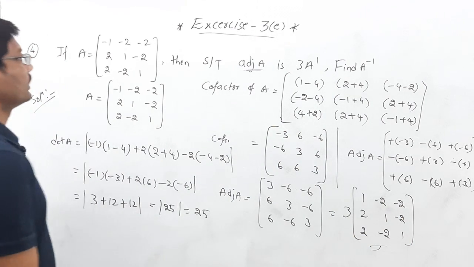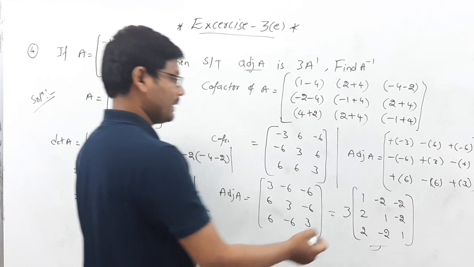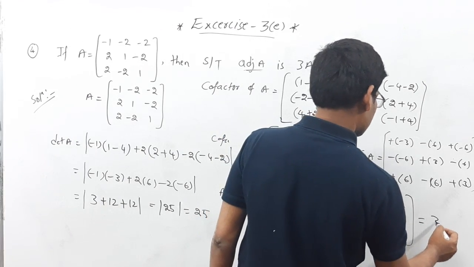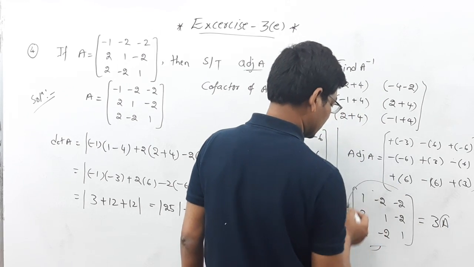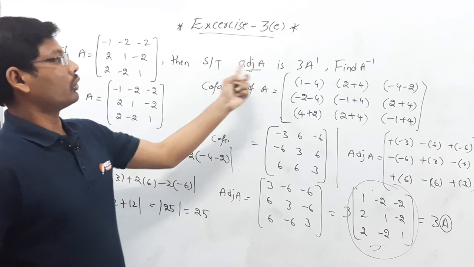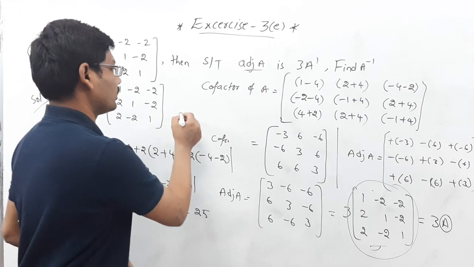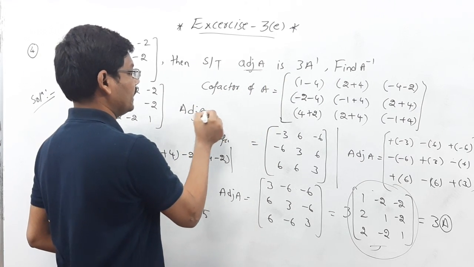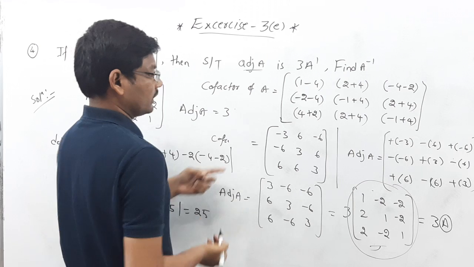If you observe, this matrix is the same as A, so it is 3 into A. I am substituting this matrix with A, so that is 3A. Then proved, adjoint of A is equal to 3A.